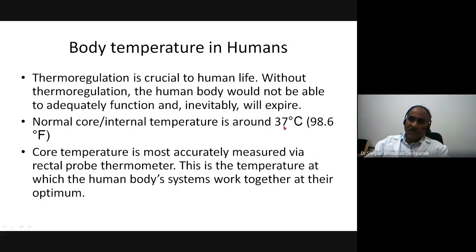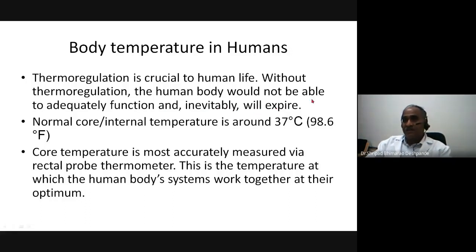It would be a very severe, very high temperature for our existence. Now, it is very crucial. Temperature regulation is very crucial for our survival. Without regulation, the human body would not be able to adequately function, and will inevitably expire.